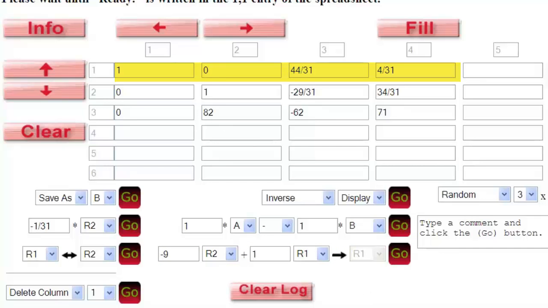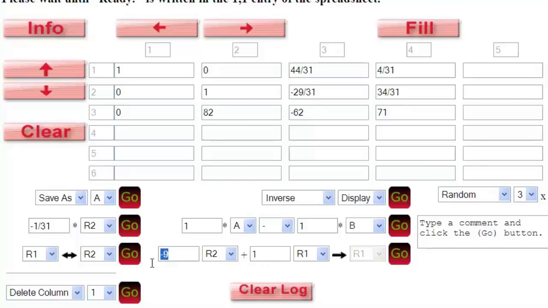As you see, it has done it to every element in row 1, but since the zeros were in row 2, it left column 1 alone. Let's store that in B so I can get back to it if I want to.